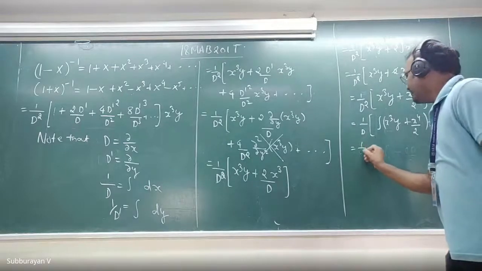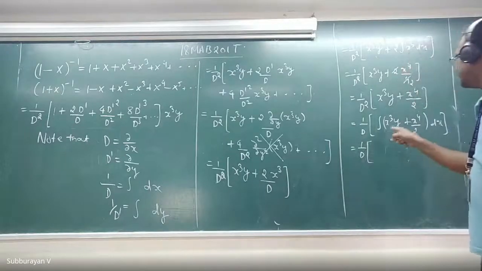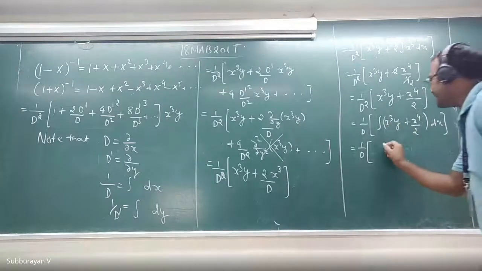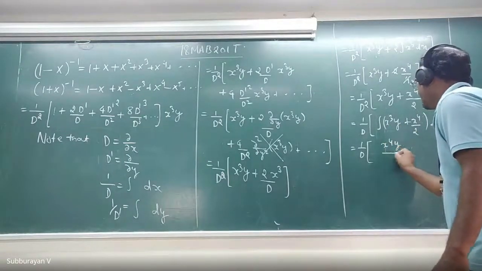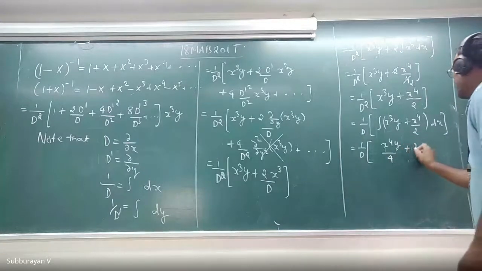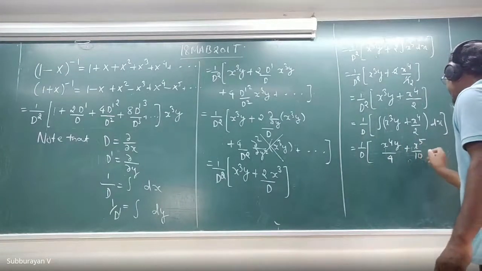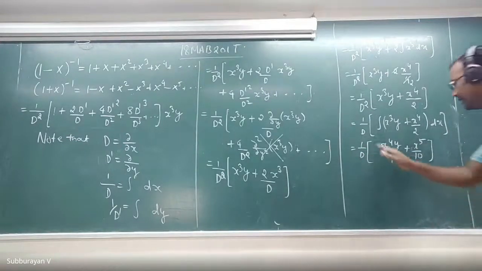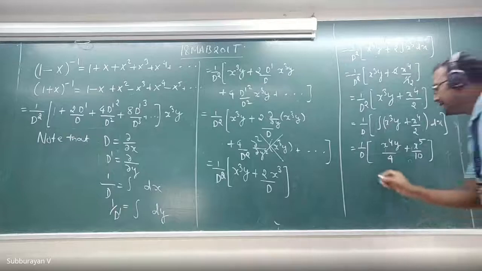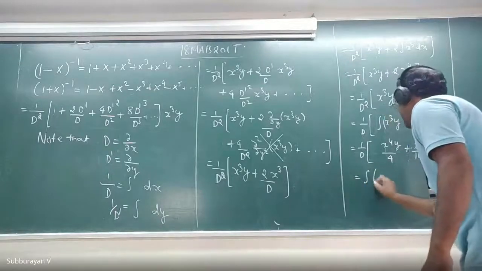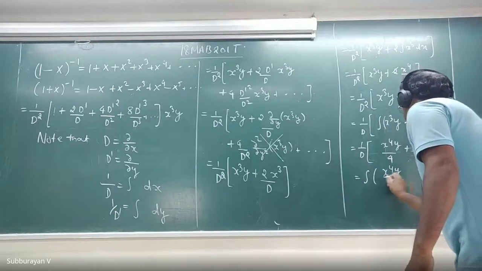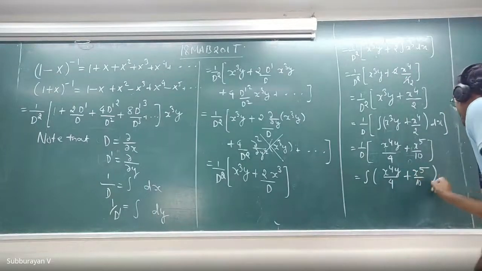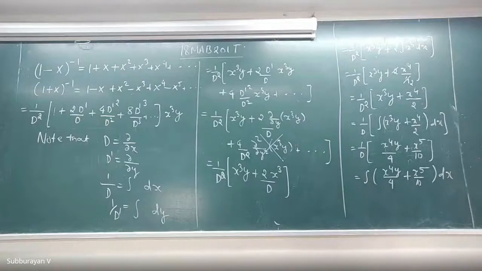Which is equal to 1/D into, integration of this with respect to x, x to the power 4 y divided by 4 plus x power 5 divided by 10. Again we have 1/D here, therefore again integrate this with respect to x, integral of x to the power 4 y by 4 plus x power 5 divided by 10 dx.